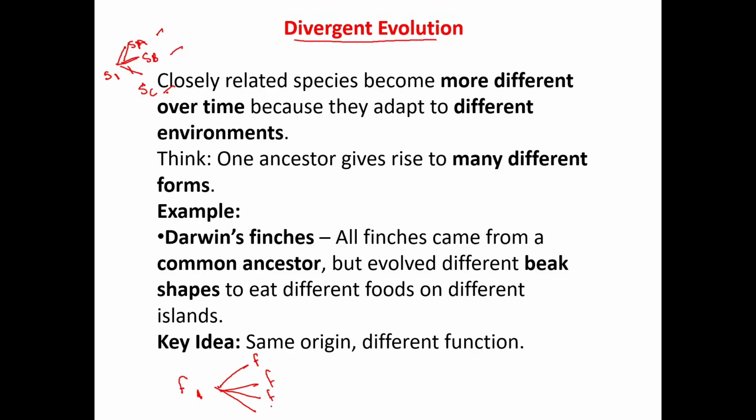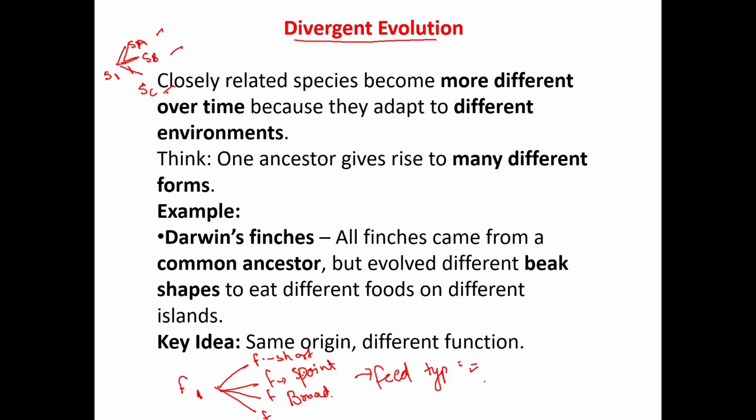Some finches have shorter beaks, some have very pointed or very broad beaks, based on the food type, right? So they developed different beak shapes depending on their food source. Food sources differ.